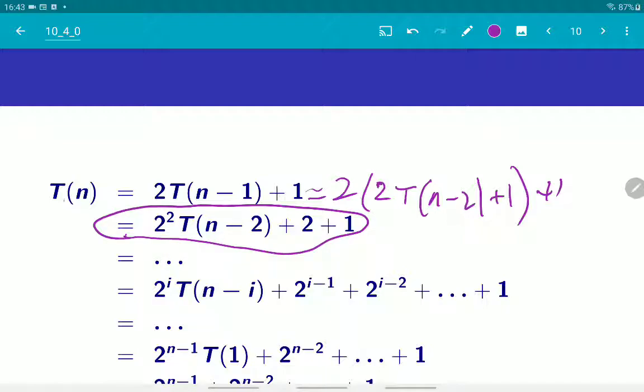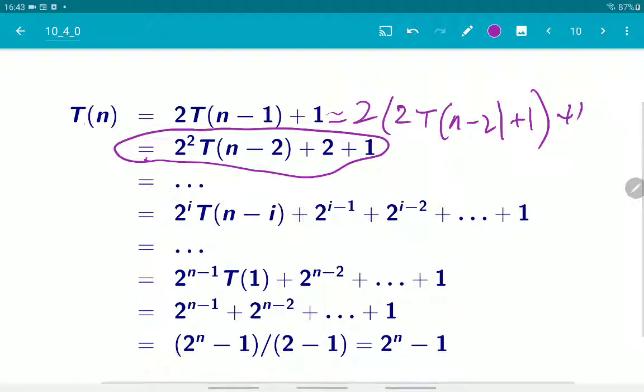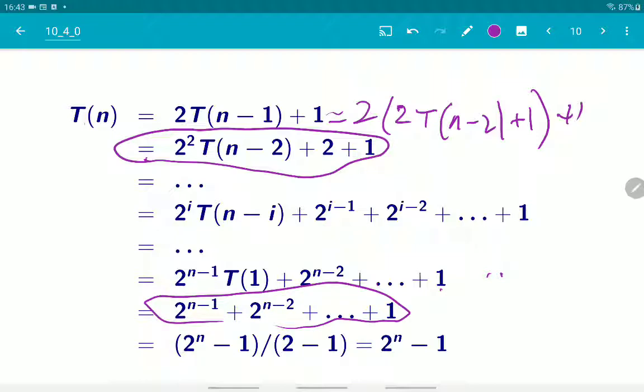Now, if you're repeatedly doing it, you have to prove it by induction or convince yourself, you're going to get an expression of the following form: 2 to the n minus 1 times T(1) plus 2 to the n minus 2, and so on all the way to 1. This is a sum of consecutive powers of 2, and as such it is equal to this. The easiest way to see why this is true is to think about it in base 2.